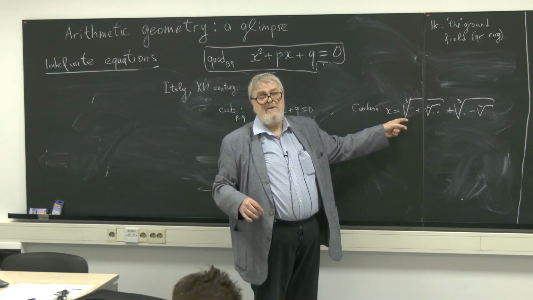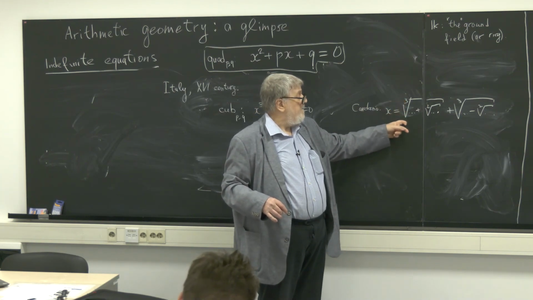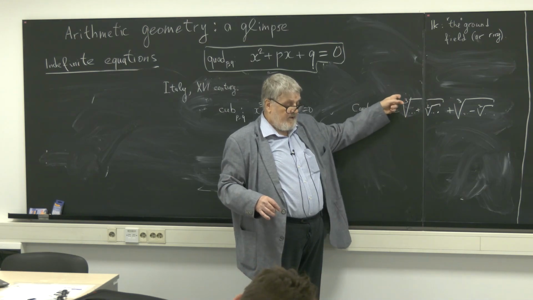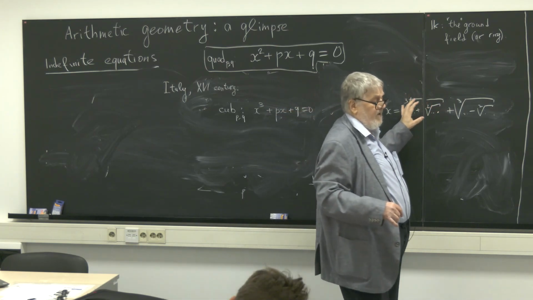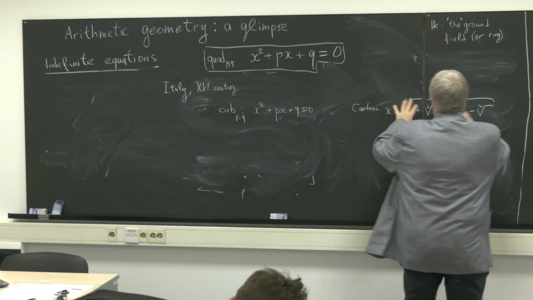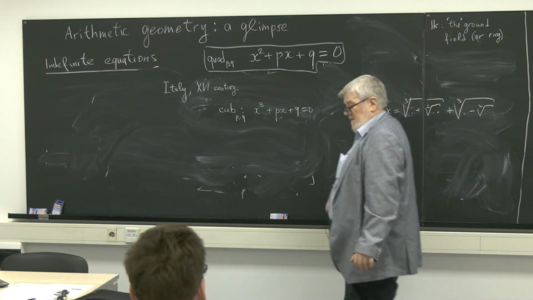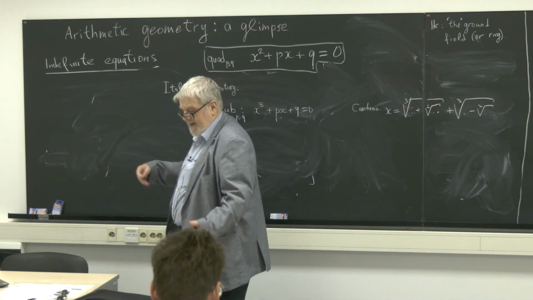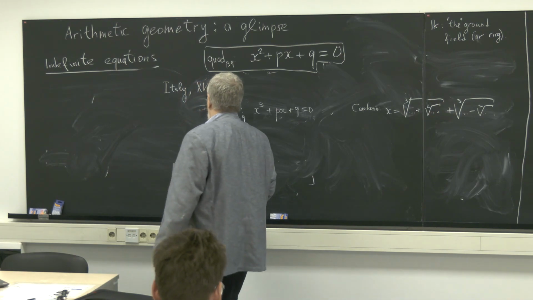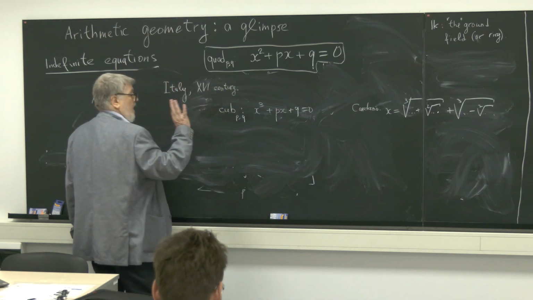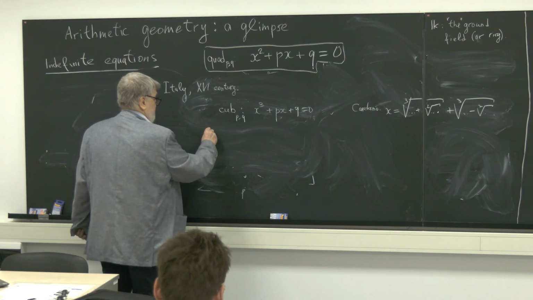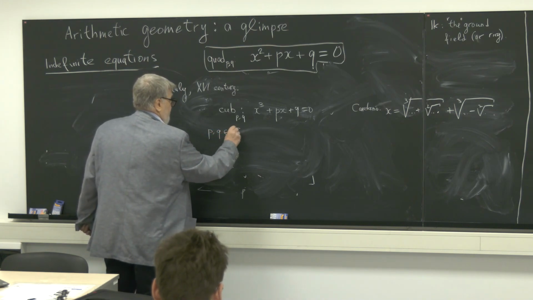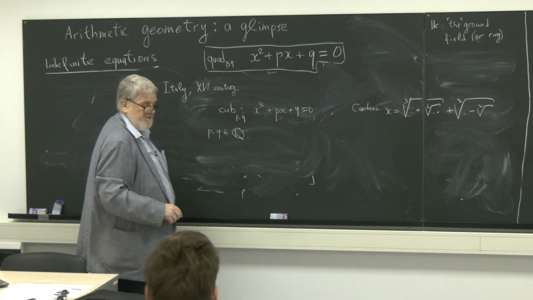But if we try to use it in complex numbers, then there are 3 cubic roots, and in fact there are something like 9 combinations of the expressions like this, and it is really tricky to extract the correct ones. But now let us try to be more precise, and let's consider the case when P and Q are rational numbers.